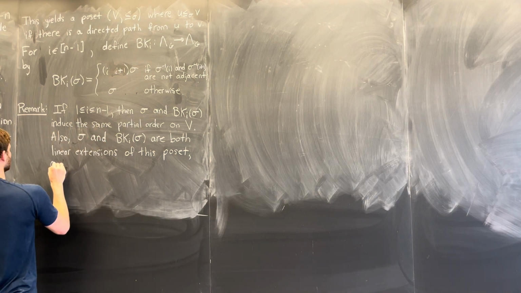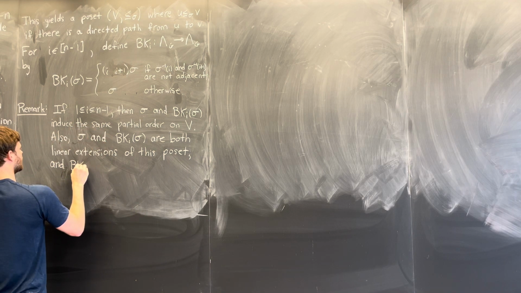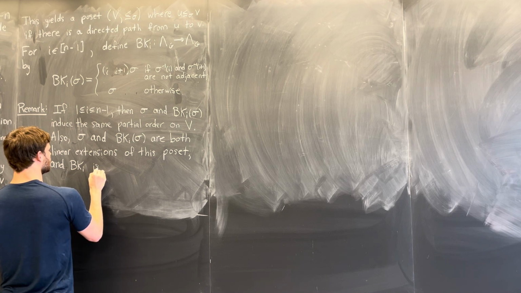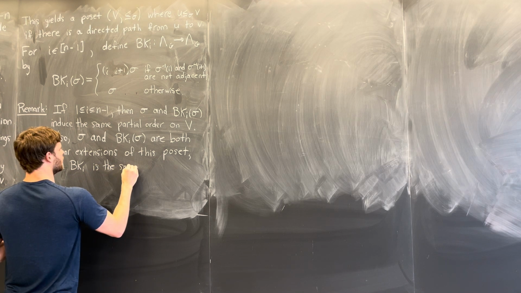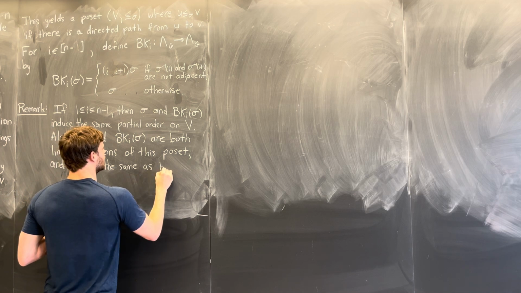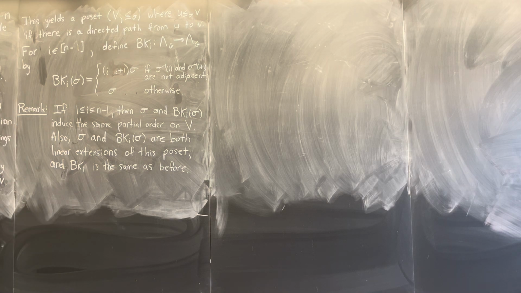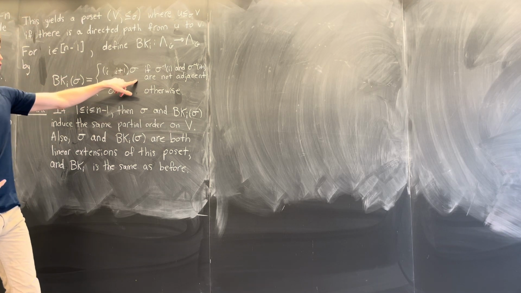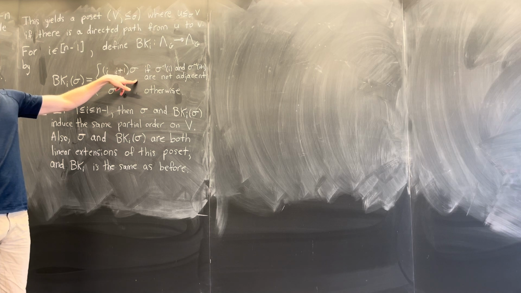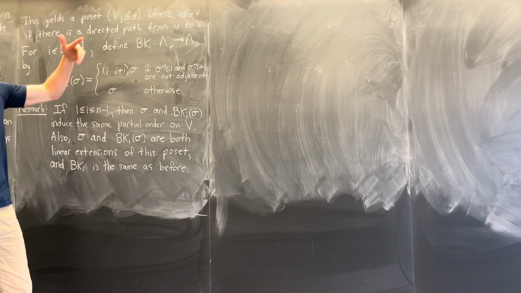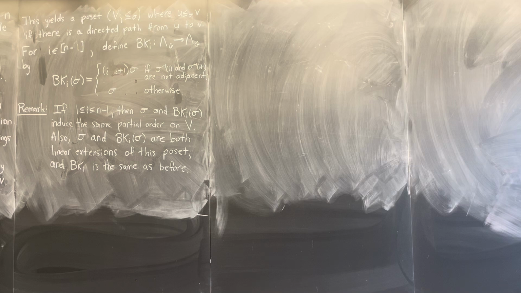And I'll just say bk sub i is the same as before. By that I mean, earlier I was defining the Bender-Knuth involutions on a set of linear extensions of a poset. If you start with sigma, you get some poset, and then you do this bk sub i to it, you get some other labeling, which will be a linear extension of the same poset, and that ends up being exactly the same as if you just had sigma viewed as a linear extension of this poset, and you did the original bk sub i.